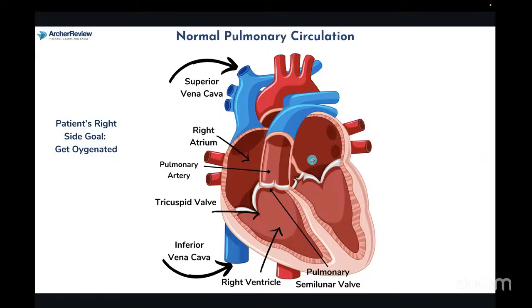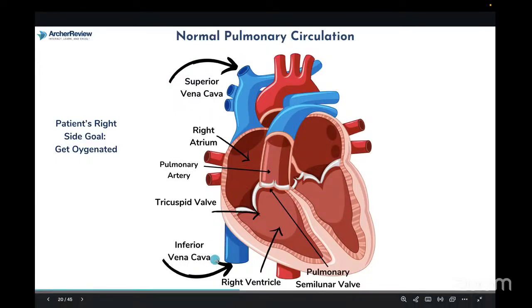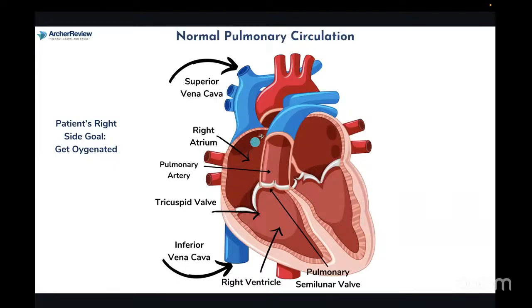So here's the pathway in which it will flow through your heart. This oxygen depleted blood will come in through two different major veins, right? Because vein goes towards the heart. So we've got your superior vena cava and your inferior vena cava. Once it pools in through the vena cavas, it dumps into the patient's right atrium. It then passes through the tricuspid valve down into the right ventricle.